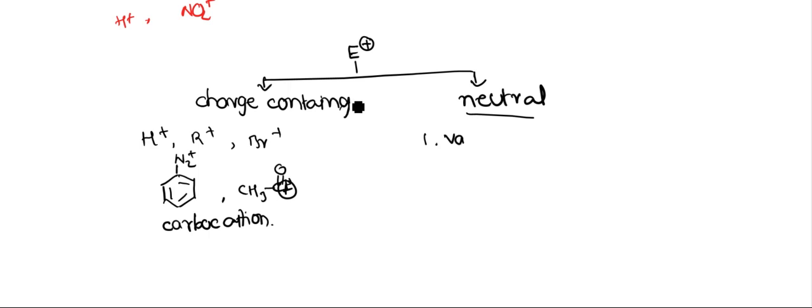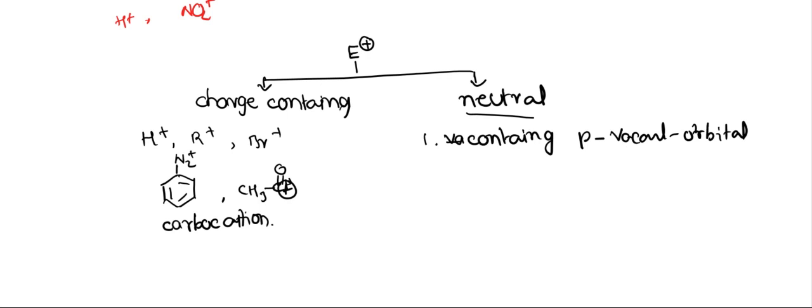Vacant orbital means some space is there where electrons can be accommodated, so it can accept the electron pair. So the deficiency of electrons is there in the vacant p orbital, so it can accept the pair of electrons. So it can act as an electrophile.